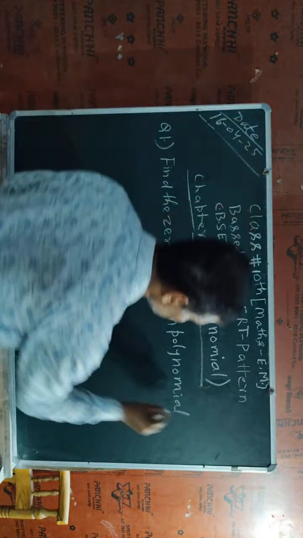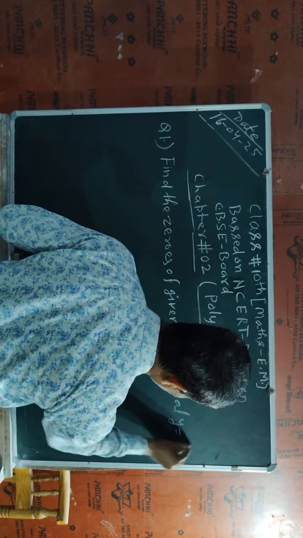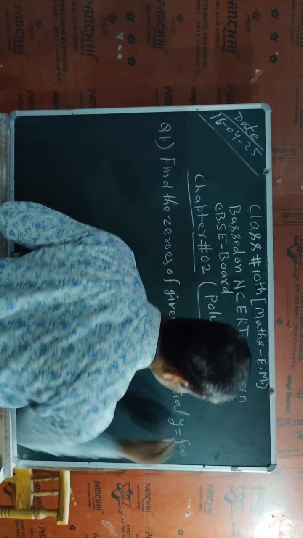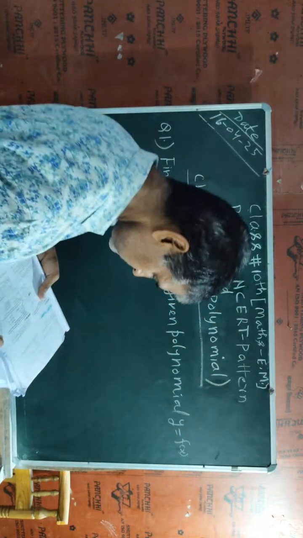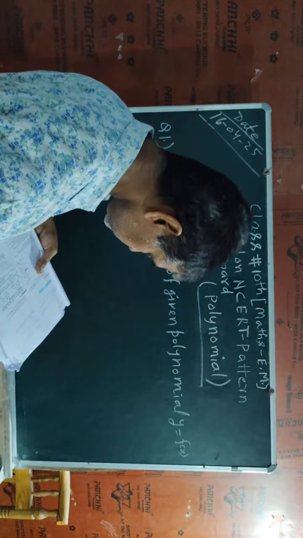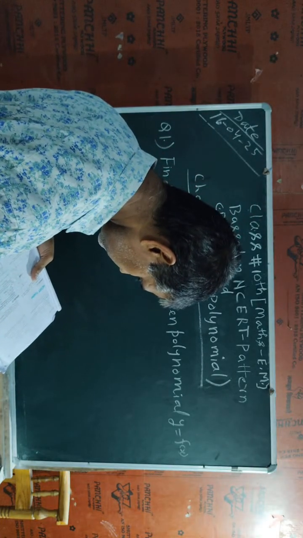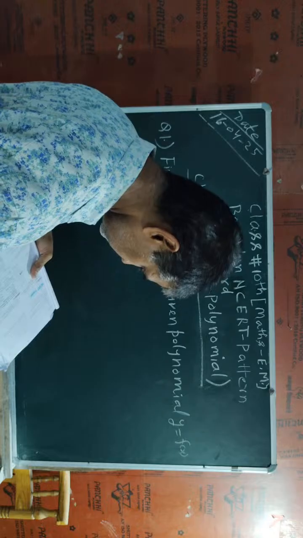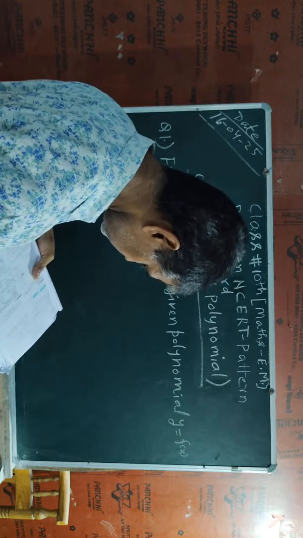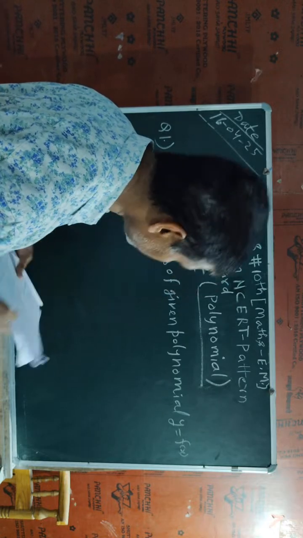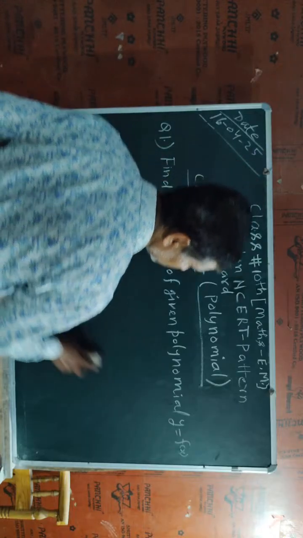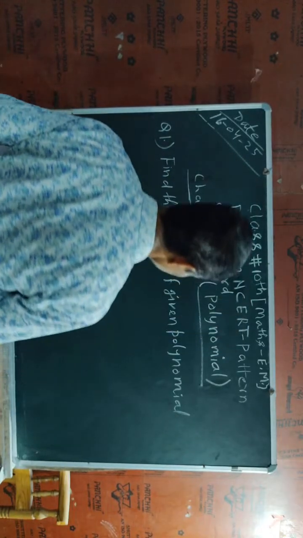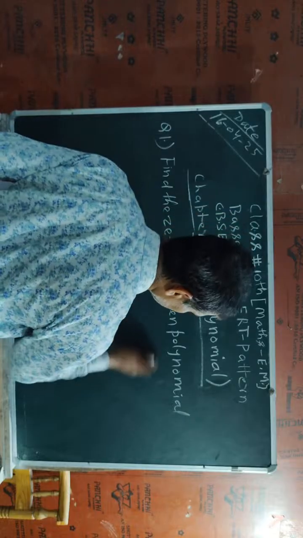Given polynomial p(x), that is written in the form of x, not in the form of y.